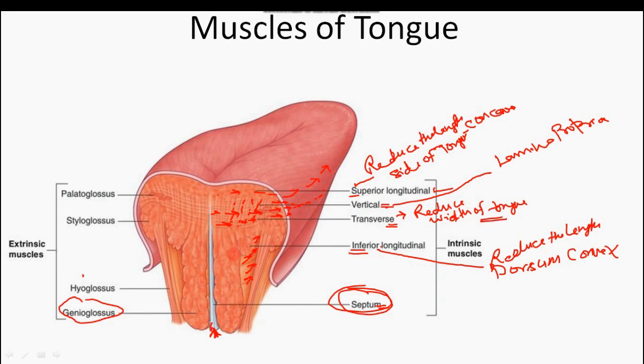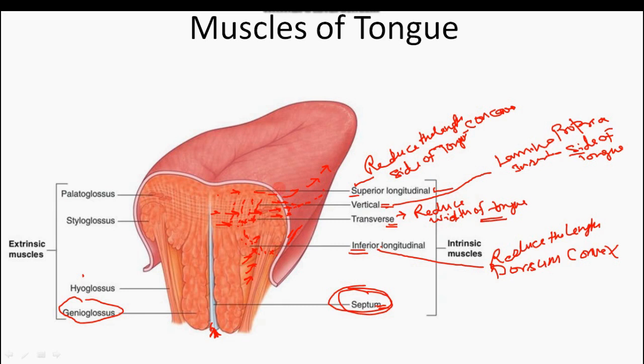So the fibers run downward through the genioglossus like this way, and they curve laterally to insert on this side of the tongue. They originate from this lamina propria and insert on the side of the tongue.